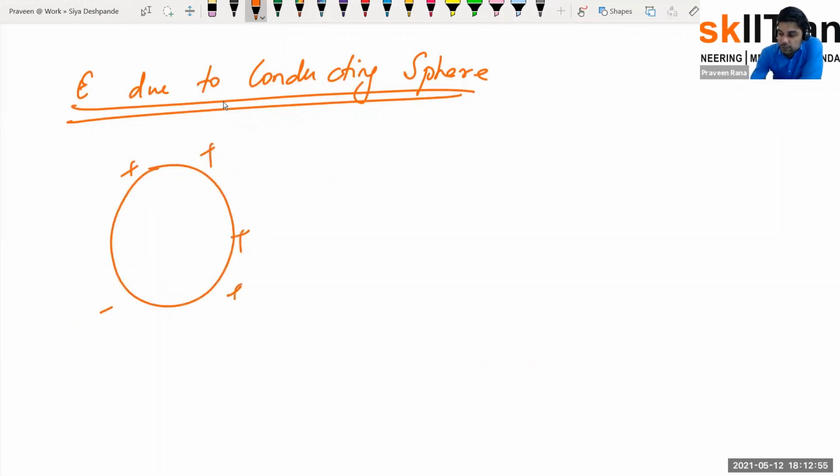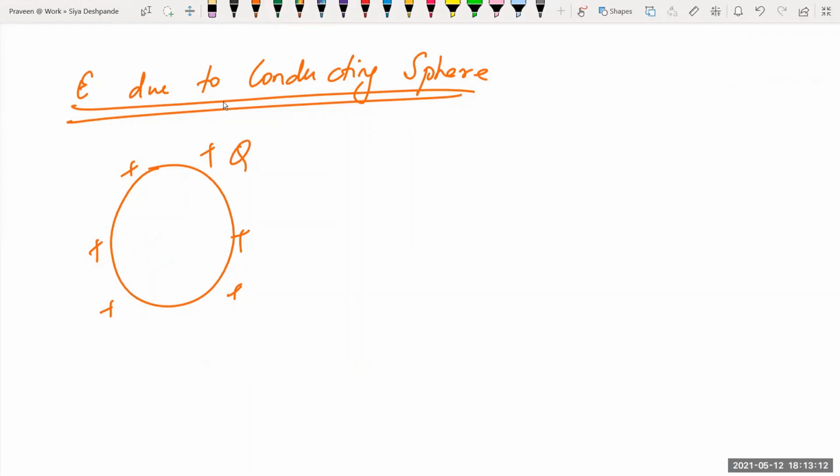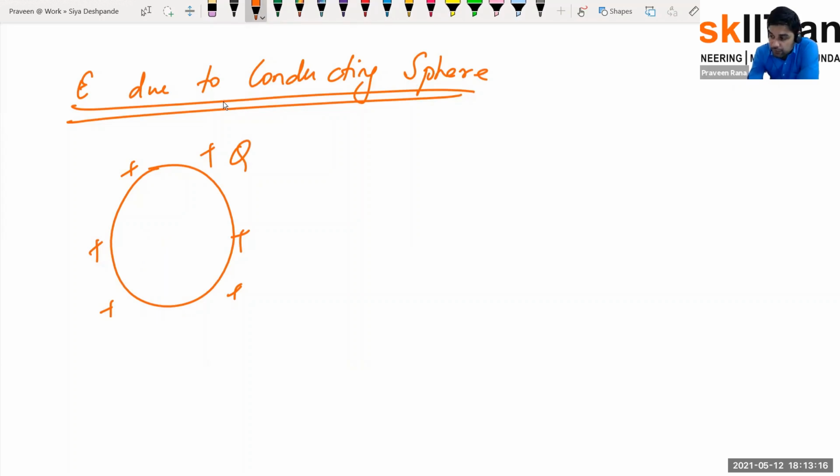The value of charge present on it is capital Q. So while denoting conductors, do not ever write a positive or negative sign inside the circle, inside the sphere, because that would mean that the charge is present inside the sphere. So we always show the positive charge on the surface. Now, electric field inside a conducting surface is 0.